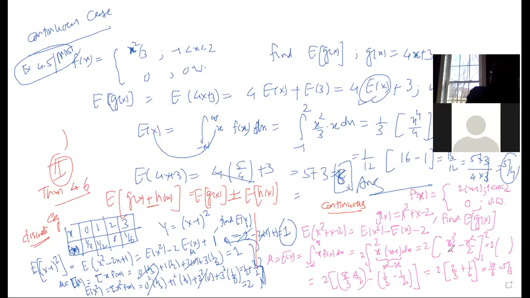Now let me just go back. Let me save this file. Let me save this one. And now I don't want to clear the whole part, but I just want to clear the upper part so that we will have some space to write it down. So let me erase the things.